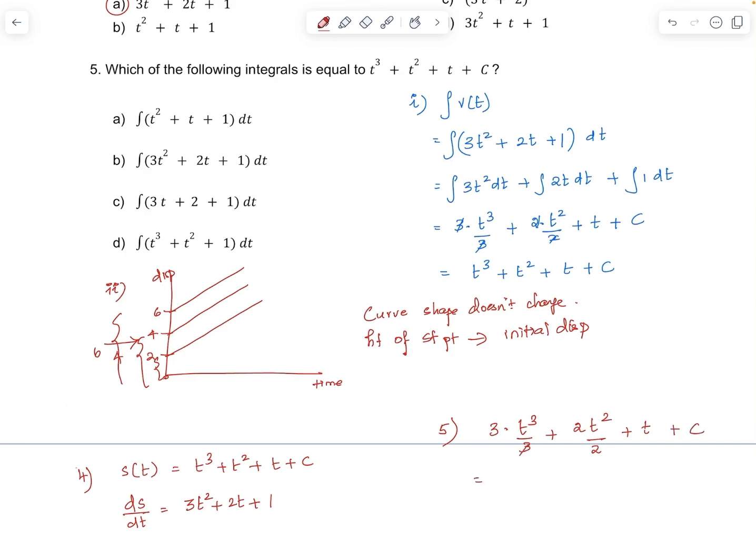On simplifying, we get t cube plus t square plus t plus c. So the option is B.